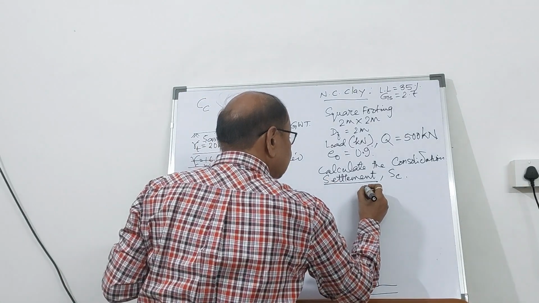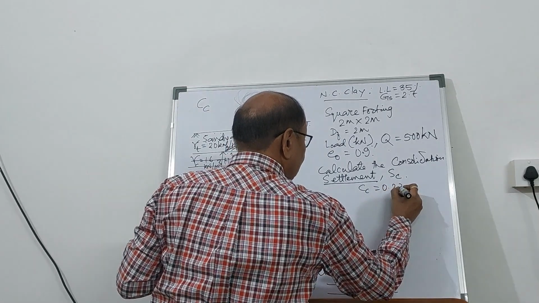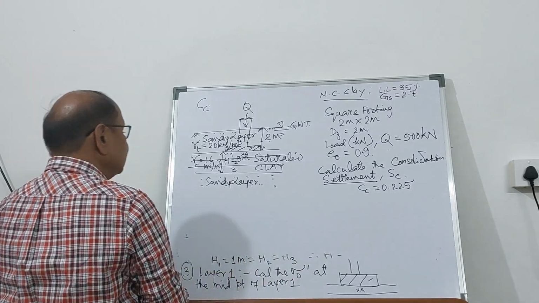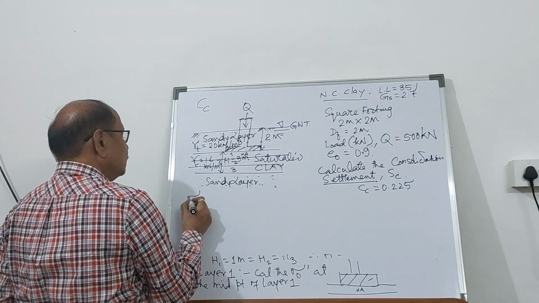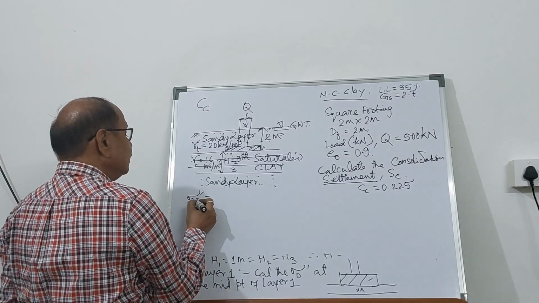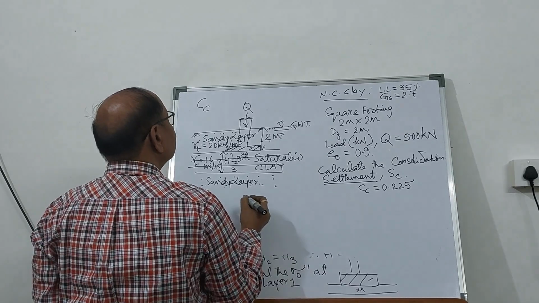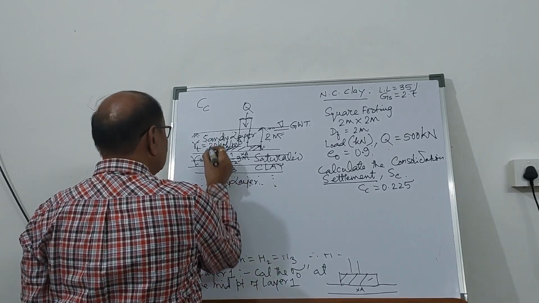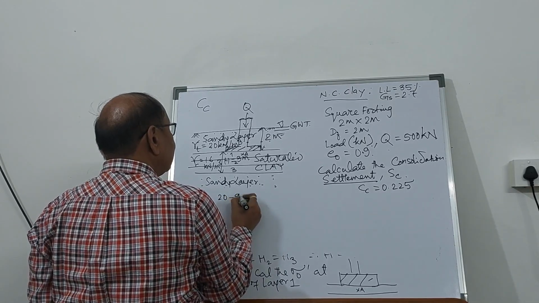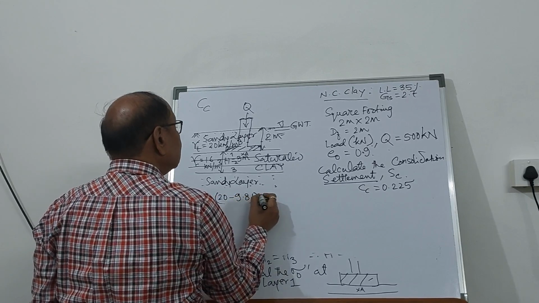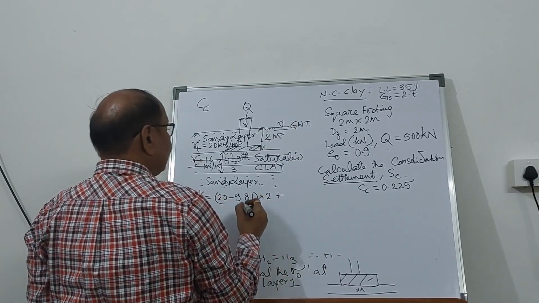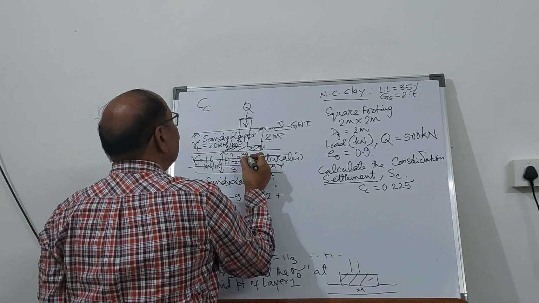Cc we have calculated as 0.225, and at the midpoint of layer 1, sigma naught prime, effective overburden pressure at the midpoint of layer 1, is going to be equal to 20 minus 9.81 multiplied by the thickness, which is 2 meter of sandy layer, plus here you have got 1 meter.